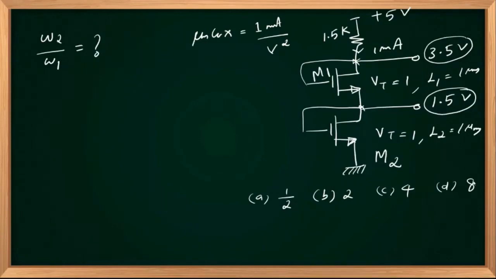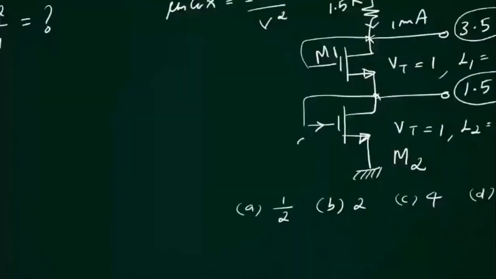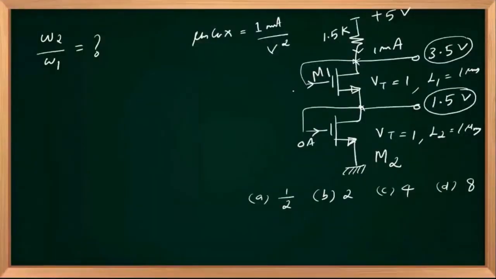Both transistors are in saturation because in both cases drain and gate are connected together. And all of you know that there is no gate current for an ideal MOSFET. So the 1 milliampere current flowing through the upper 1.5 kilo ohm resistor will flow as the drain current of the upper transistor.